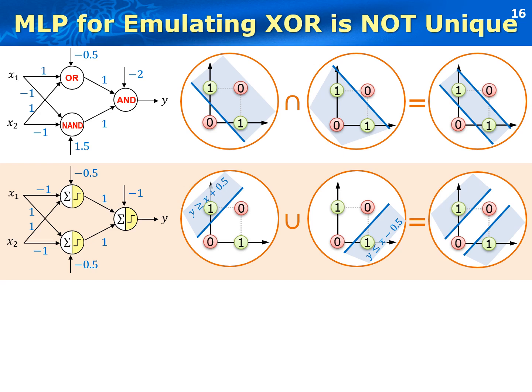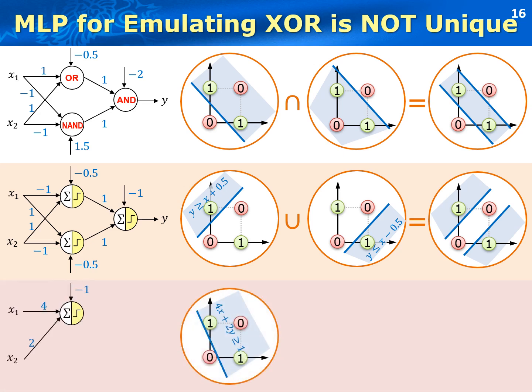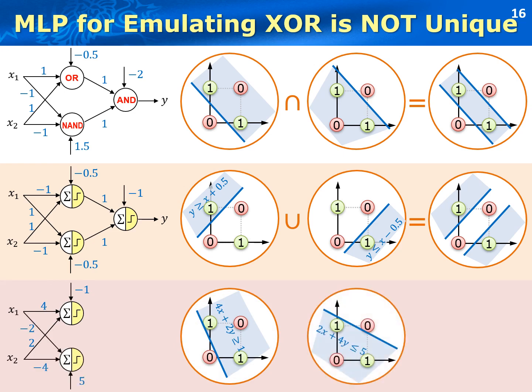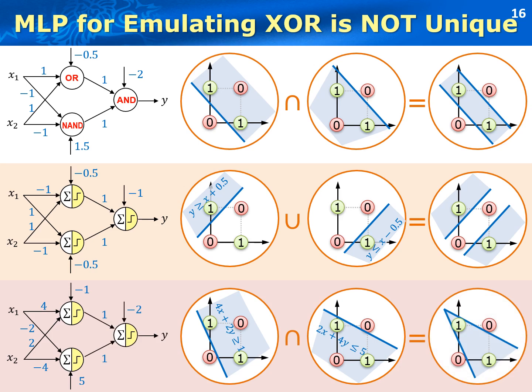Alternatively, we can also construct a line with a steep slope to represent the upper right half space, and another line with a gentle slope to represent the lower left half space. The intersection of these two regions can correctly classify the green points as well.